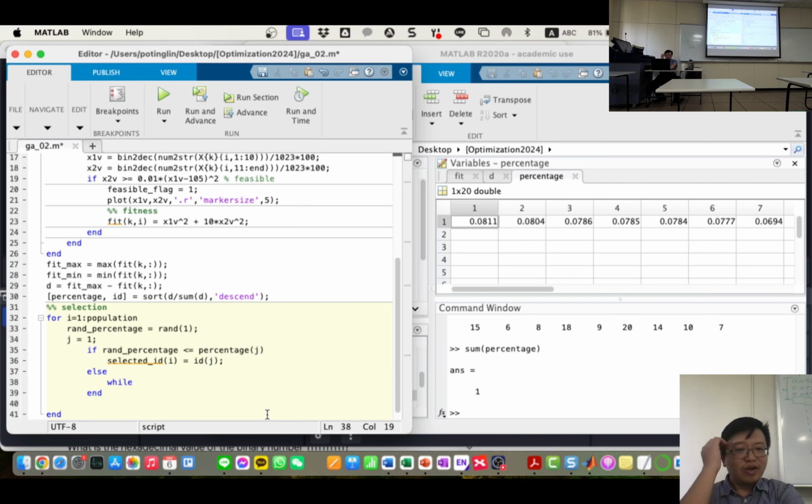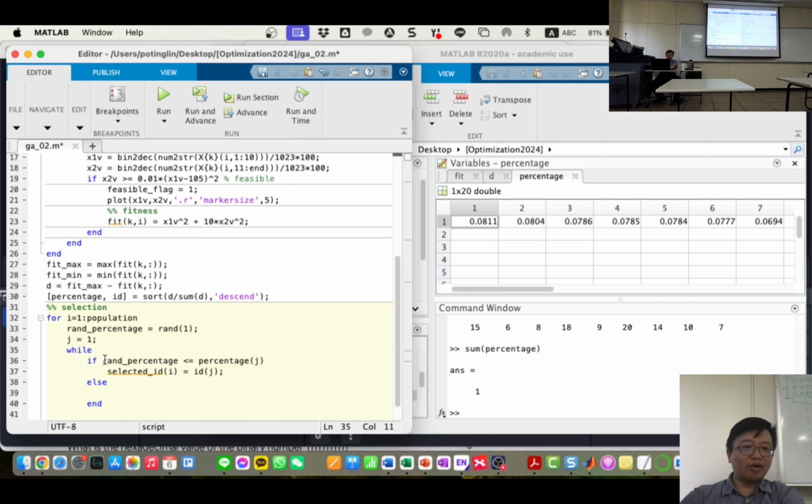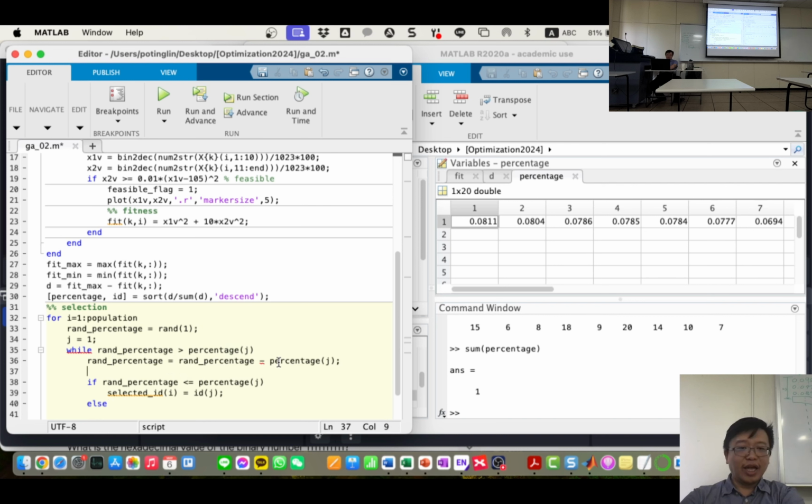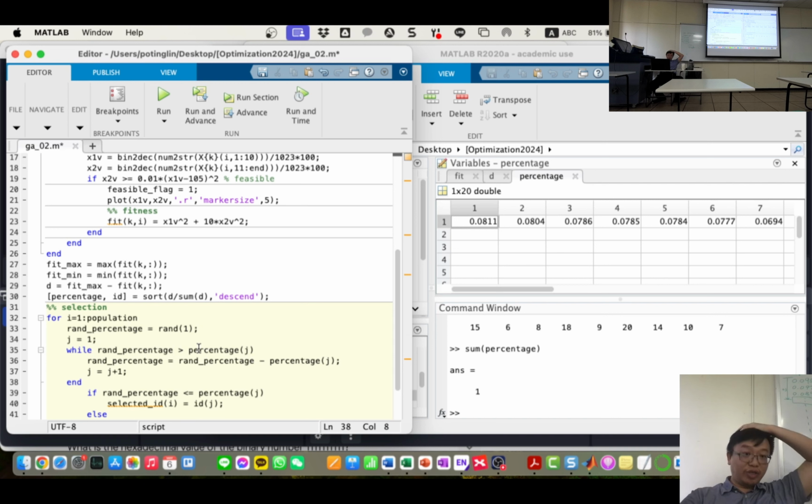So while this is larger, then keep on subtracting: random number equals random number minus the percentage, and j plus 1, until the remainder is smaller than or equal to the percentage.